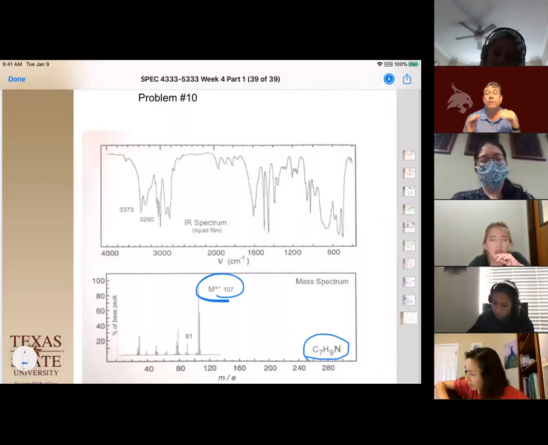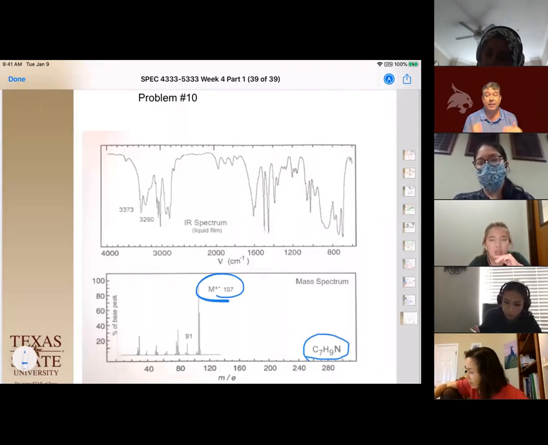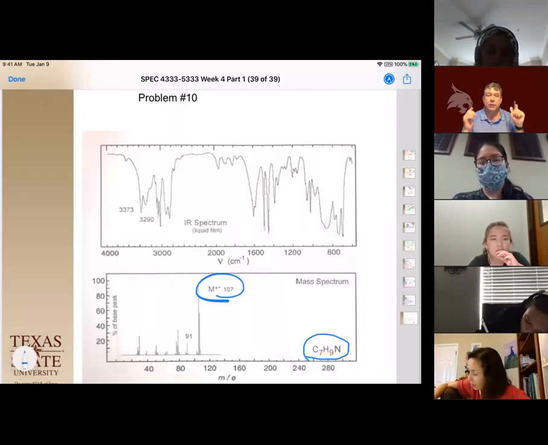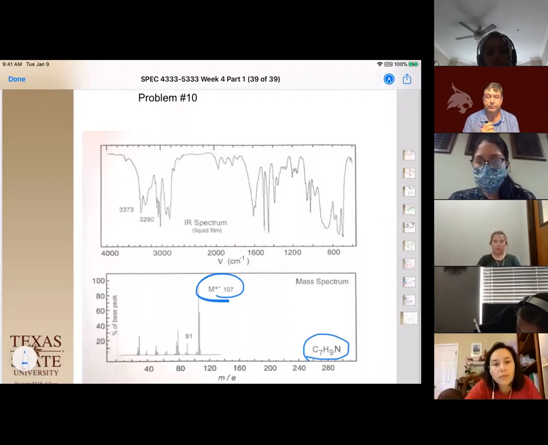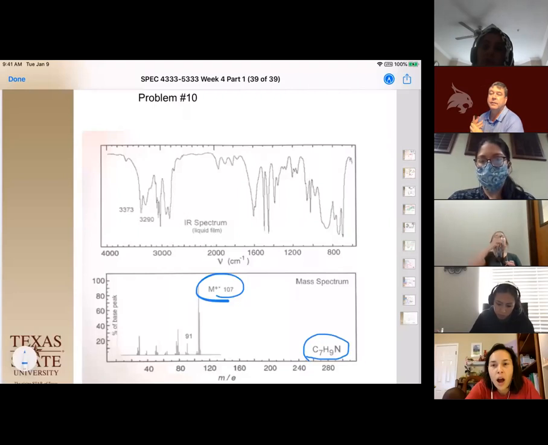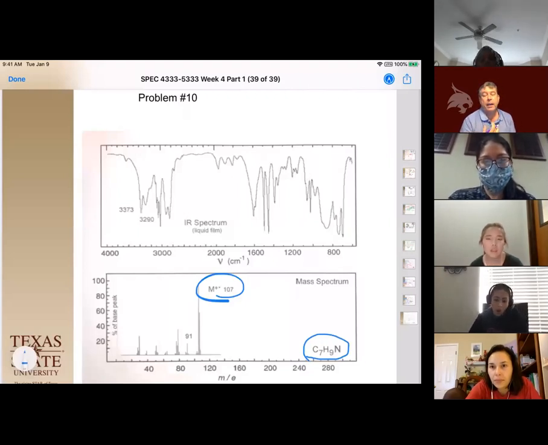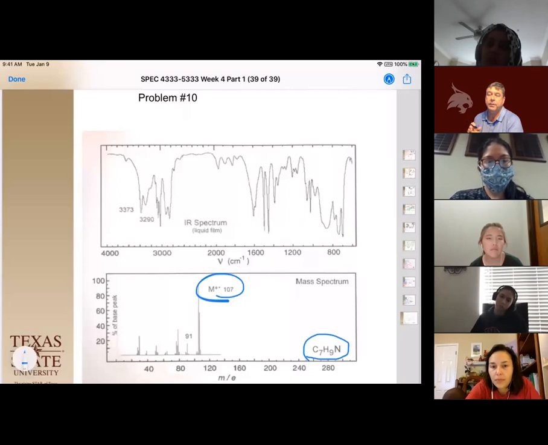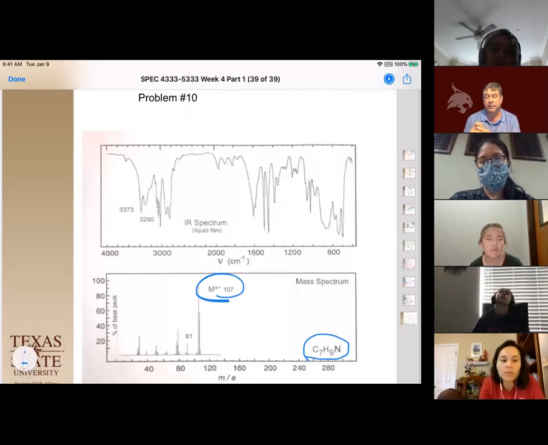Now, first time you think you have nitrogens in your system, look to the IR. Where should we see nitrogens in the IR? Zone 1, zone 2, zone 3, zone 4? Zone 3. We can see a carbon-nitrogen bond in zone 4. Oh, okay. But where do we see the hydrogen-nitrogen bond?